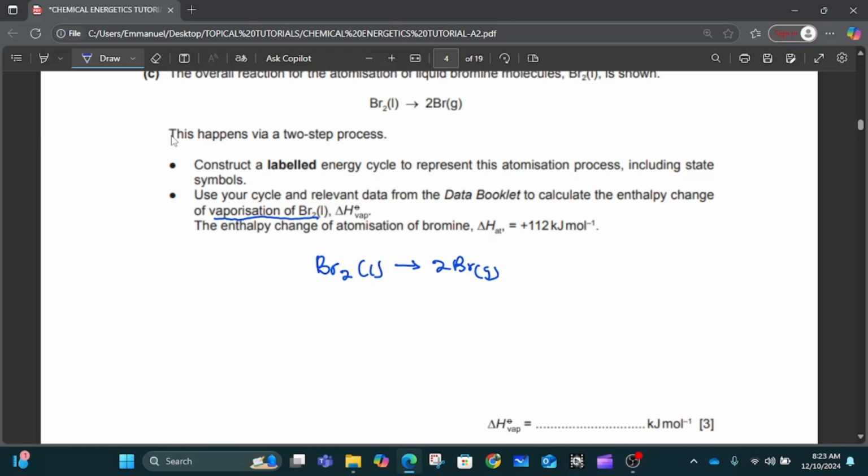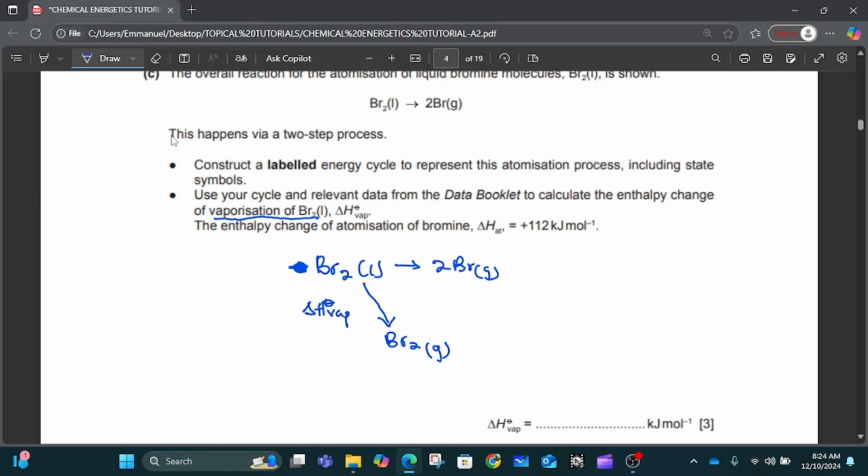So that means we have to heat the bromine liquid till it goes to the gaseous state, which means we are vaporizing the Br2 liquid. And so we can convert the Br2 liquid to Br2 gas, and from here to here is the enthalpy change of vaporization.